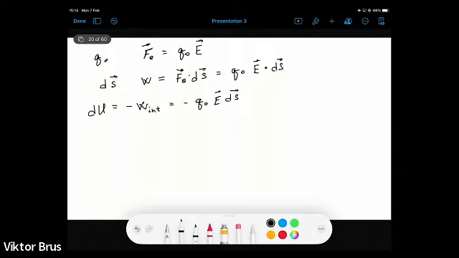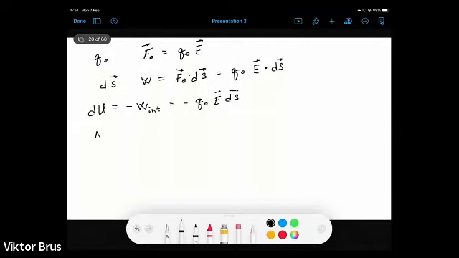So now we want to have some generalization of this situation, and specifically we want to define the change of potential energy when we move this test charge in the external electric field from point A to point B, and that could be quite a big distance between these points. So in order to do that, we need to apply integration.